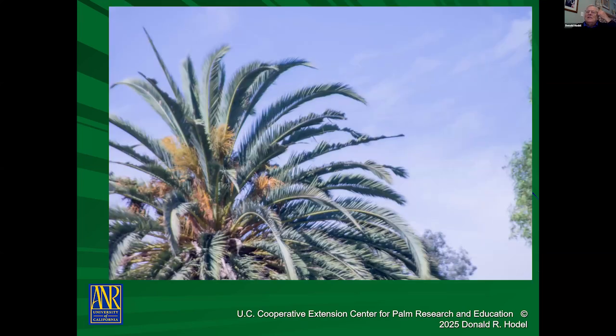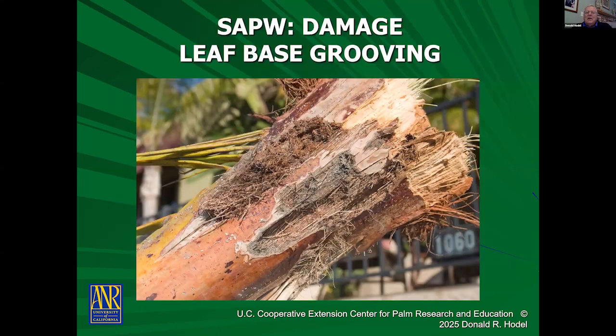The first symptoms you might see would be some leaf notching. This is a Canary Island date palm, and you see at about 2 o'clock and 3 o'clock leaves that have cut off pinnae. You will also find grooving at the petiole base, and the grooving is often filled with frass, the sawdust-like material.